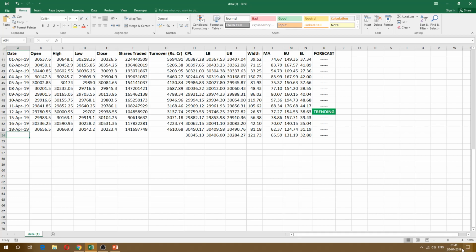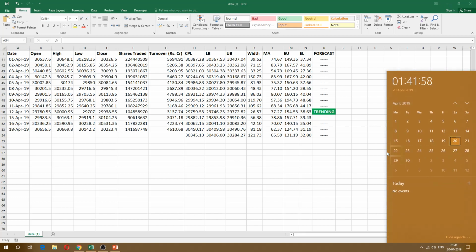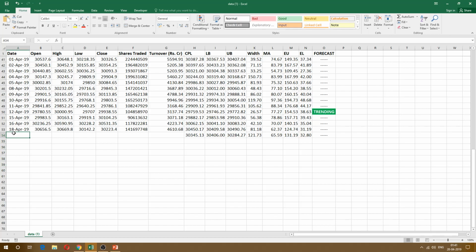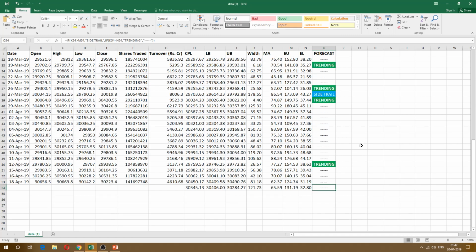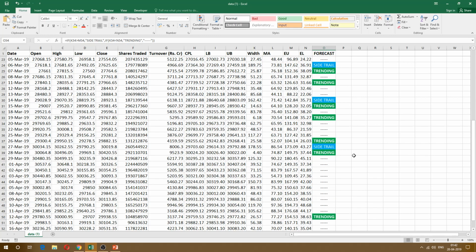So the next trading day for us will be on Sunday, 22nd of April. The forecast is nothing if the extreme level is not achieved on either side, it is hard to judge where the stock market will go based on the width analysis.